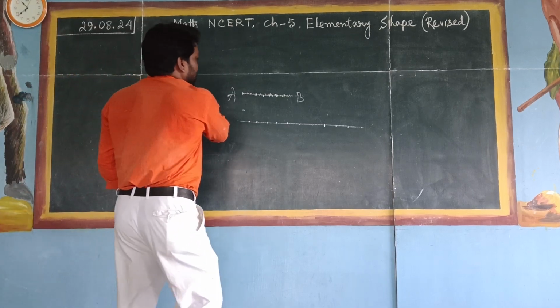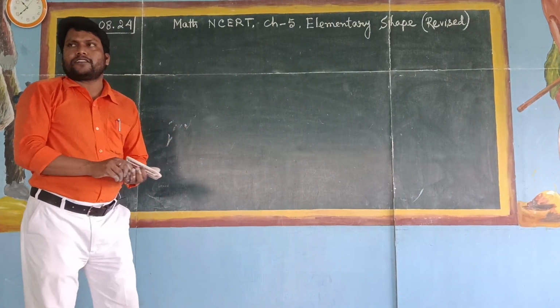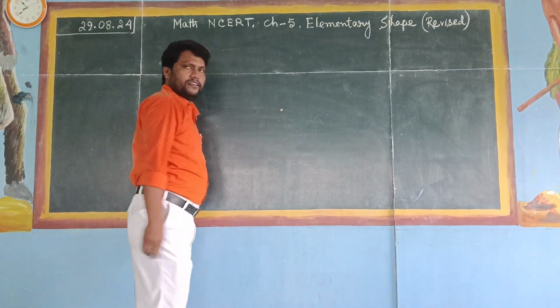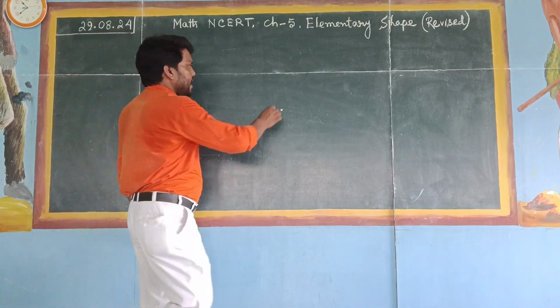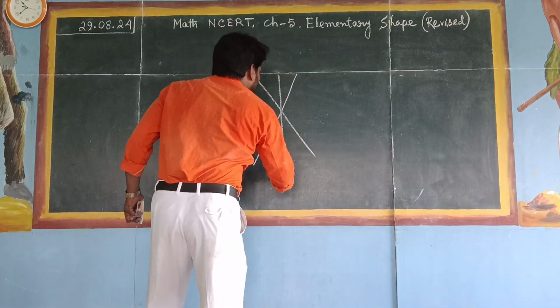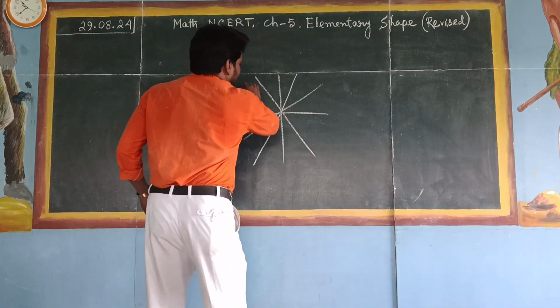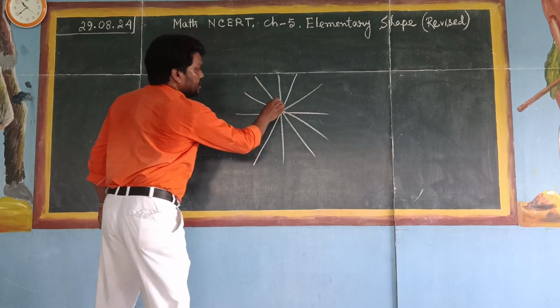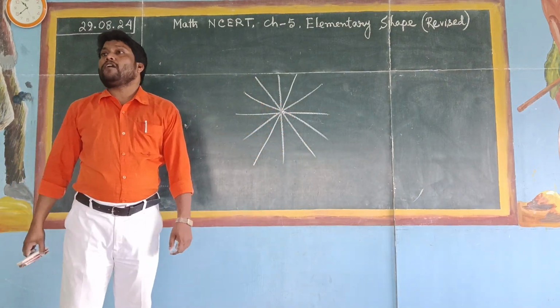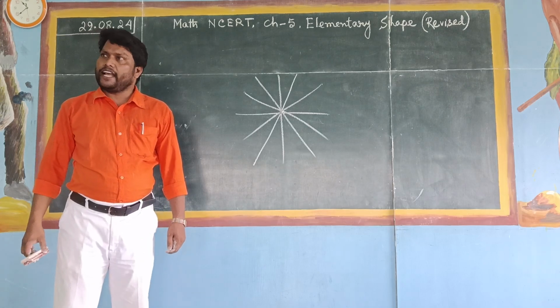Next, concurrent point. Concurrent point means, suppose through a point more than one line is passing. So these points are called concurrent points and the lines are called concurrent lines. Okay?